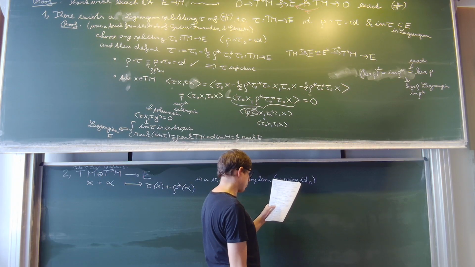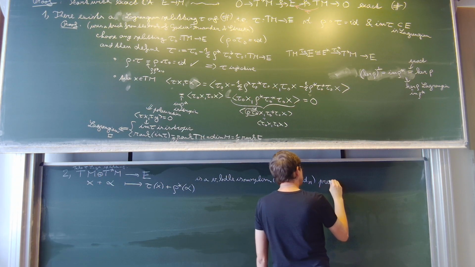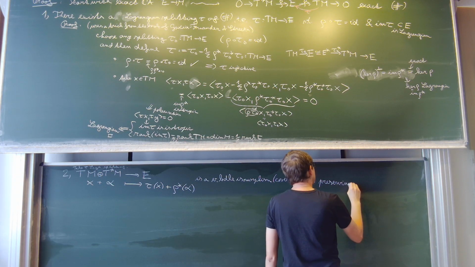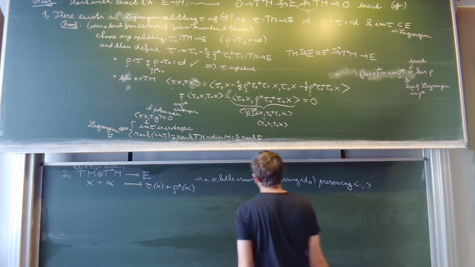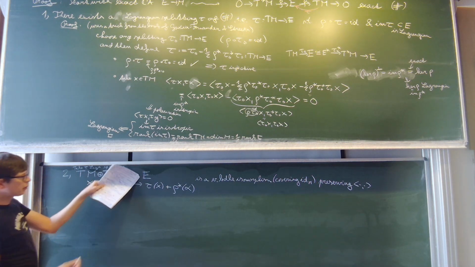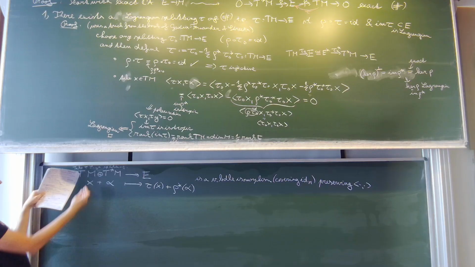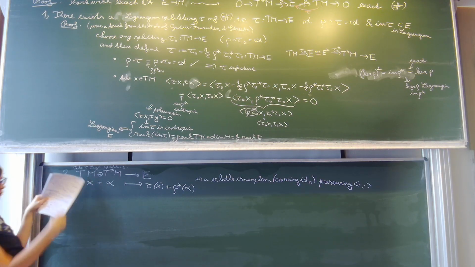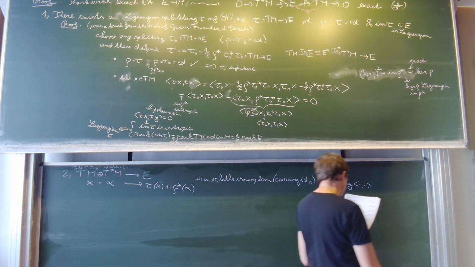And it is also preserving the pairing. E was a Courant algebroid, so we had a pairing, and here we have the pairing that we've seen before, the standard one.